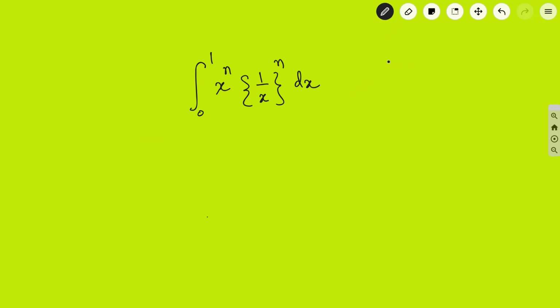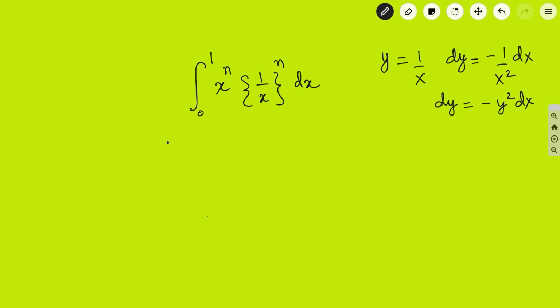So the first step will be to make a change of variables. Let's make this change of variables y to be 1 by x. So you have dy will be minus 1 by x squared dx, which means dy will be just minus y squared dx.